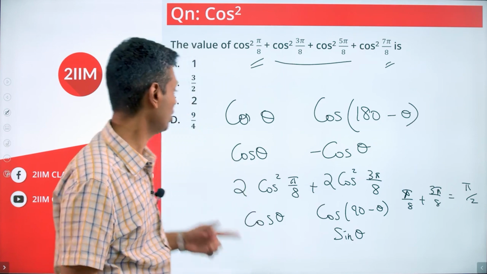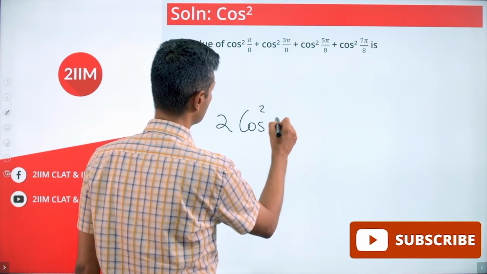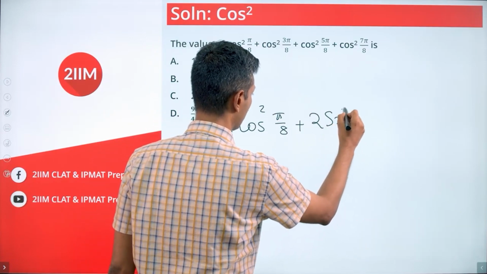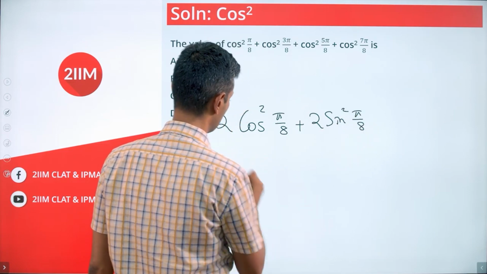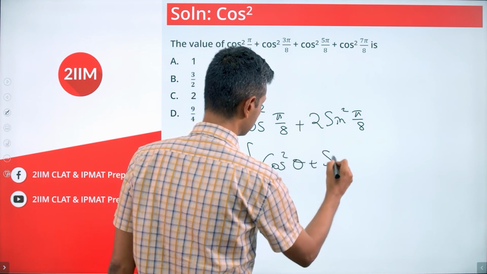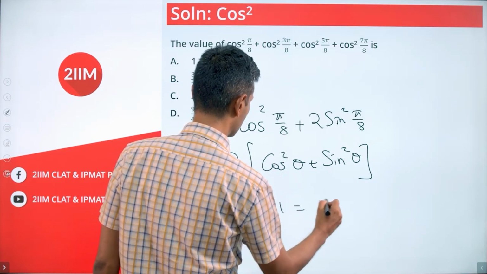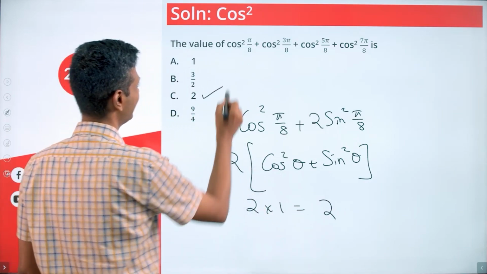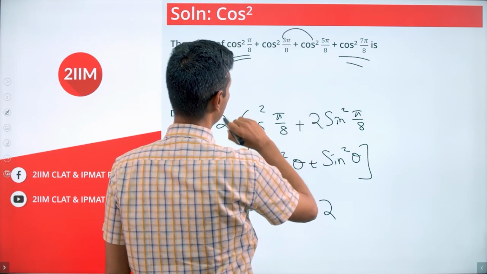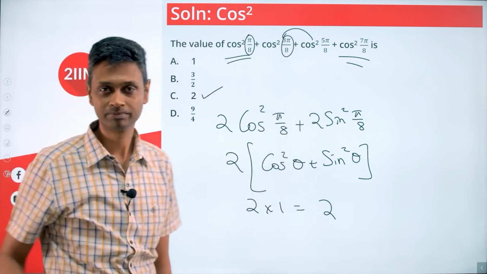So this expression becomes 2 times cos square pi by 8 plus 2 times sine square pi by 8, or just 2 times cos square theta plus sine square theta, or 2 times 1, which is 2. Figure out that these two are equal, and figure out that this angle and this angle add up to 90 degrees. Okay, done.